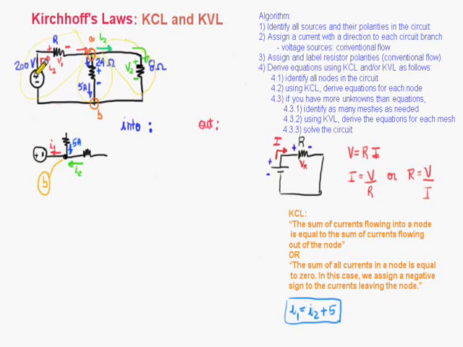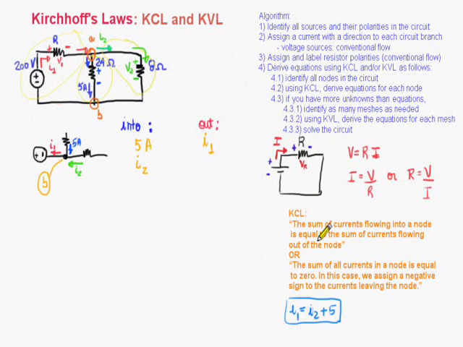And the current I1, it should start from here, come to this point, so it's flowing out of node B. That is represented right here. So let's write down what we have here. Currents flowing into node B are 5 amps and I2. Currents flowing out of node B is I1.